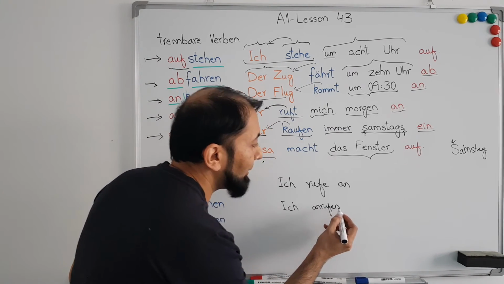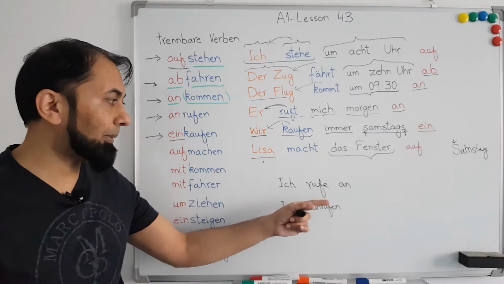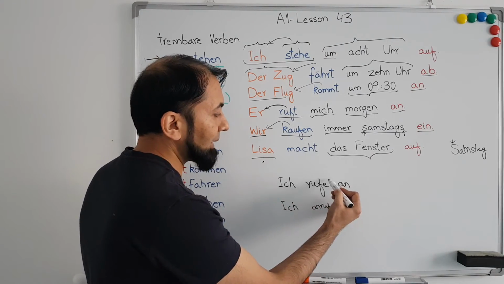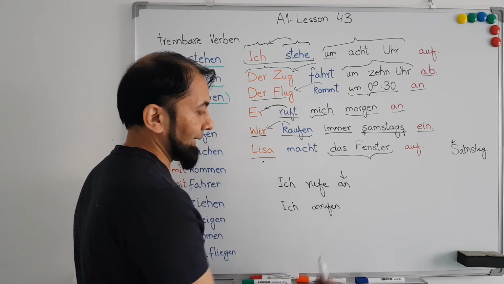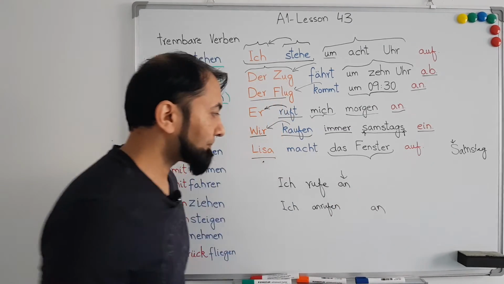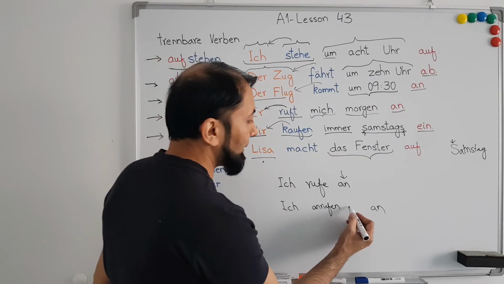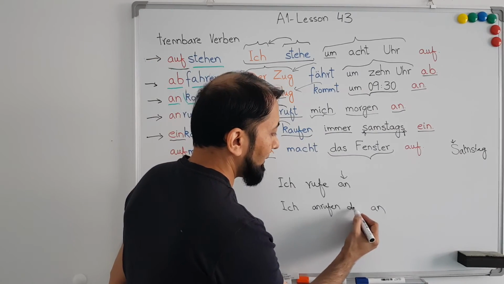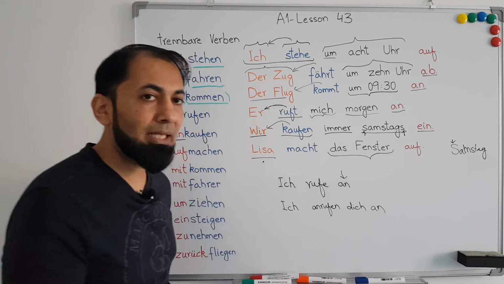Because this is a separable verb, you always have to separate it and put this prefix at the end. Now, if you are calling me, you can say ich rufe dich an, for example.